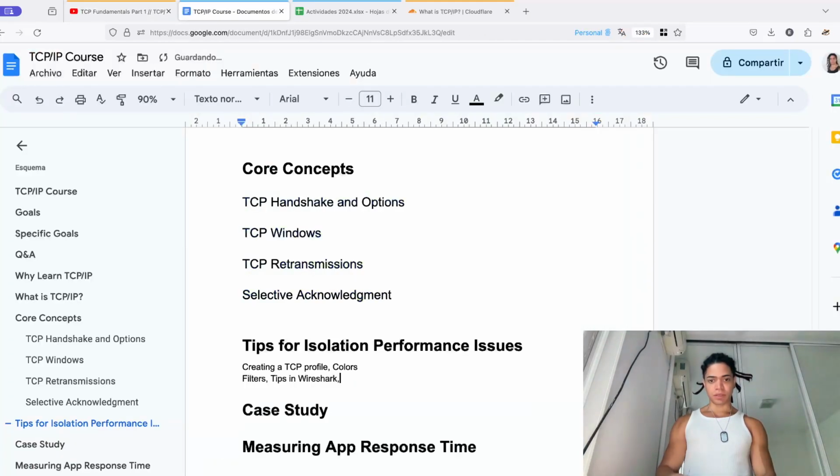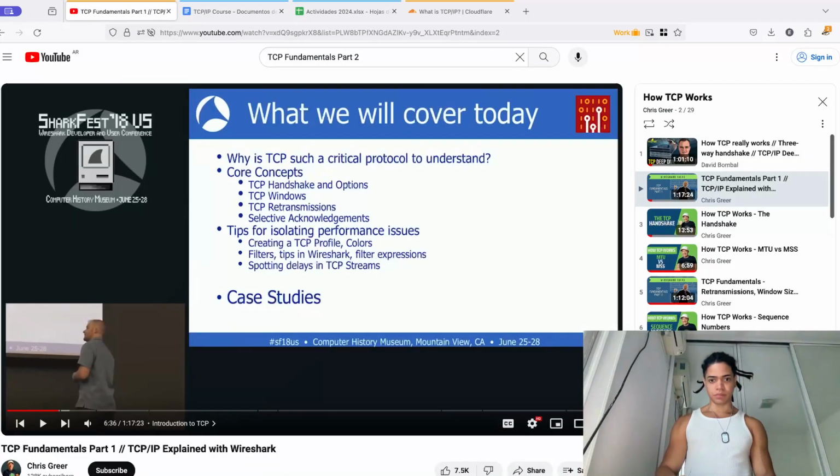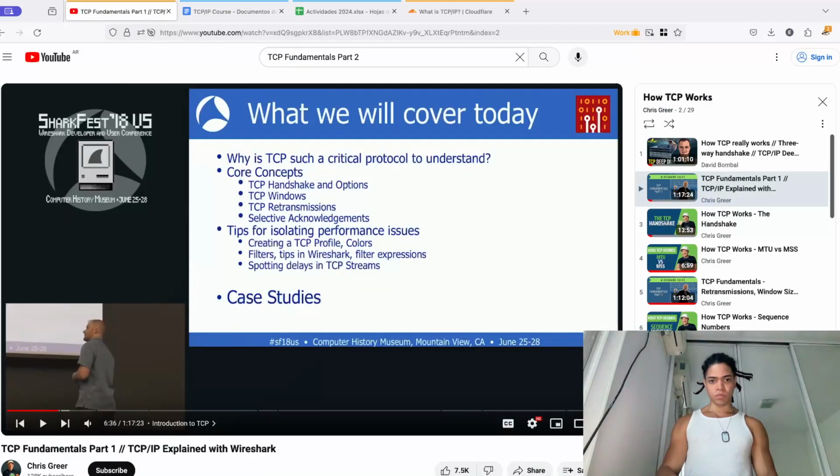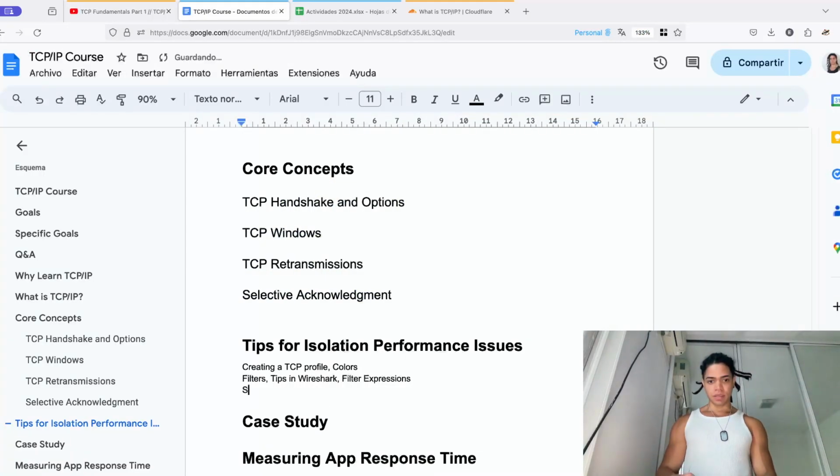Okay, filter expressions. For example, like this. Filter expressions, spotting delays in TCP streams.